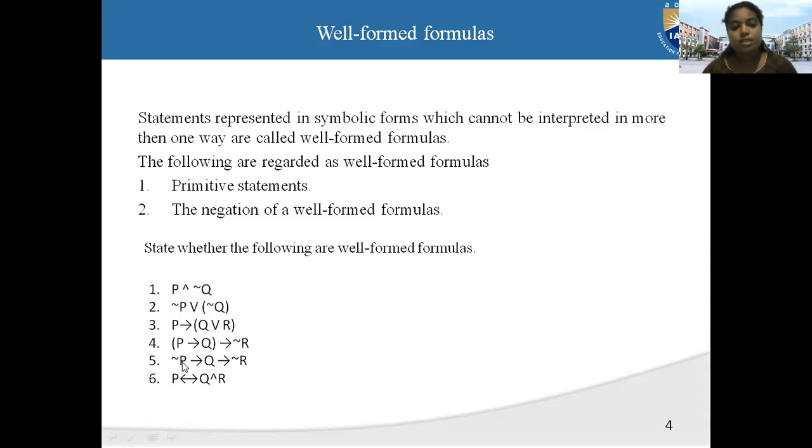Next, observe negation P implies Q implies negation R. First you could apply negation P implies Q, or else you could apply Q implies negation R. You don't know which first, so this is not a well-formed formula because there is no parenthesis between these connectives. Next, observe P implies Q and R. This is not a well-formed formula because you don't know whether to take P implies Q first or Q and R, since there is no parenthesis between the connectives in the given sentential form.